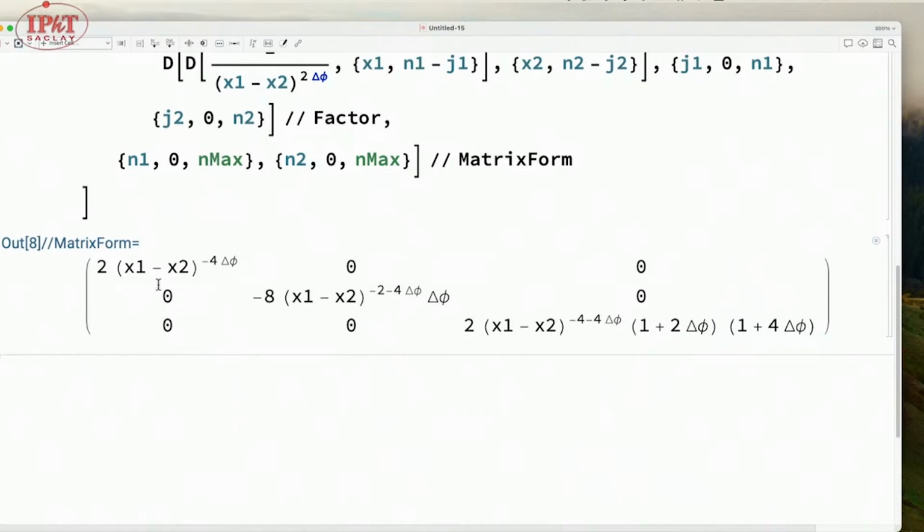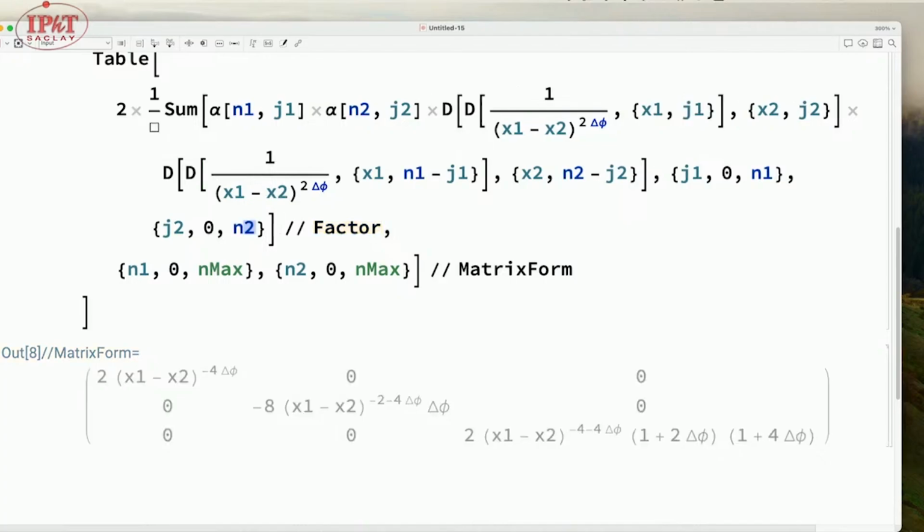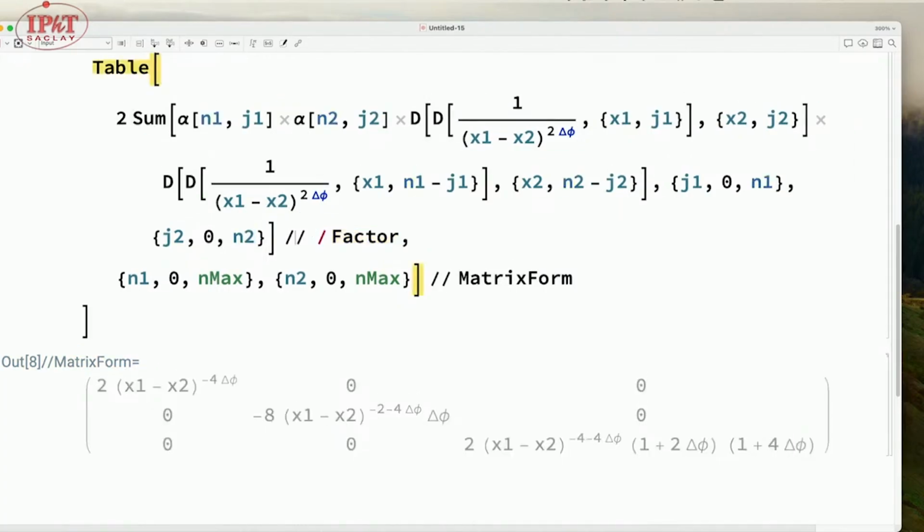It's a diagonal matrix, which didn't have to happen, but we know it should happen from conformal symmetry. And now we can also see the correct powers of x1 minus x2, the thing downstairs over there. So let's divide by that.